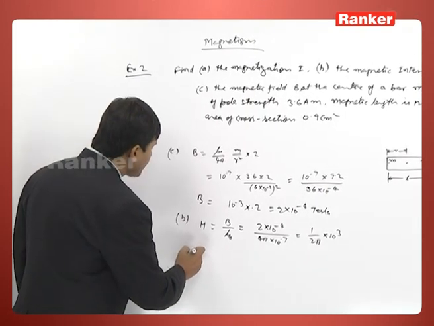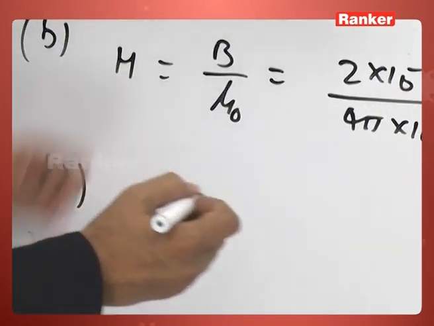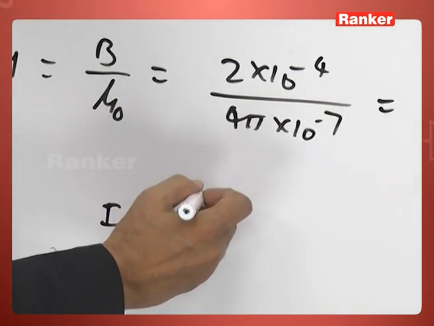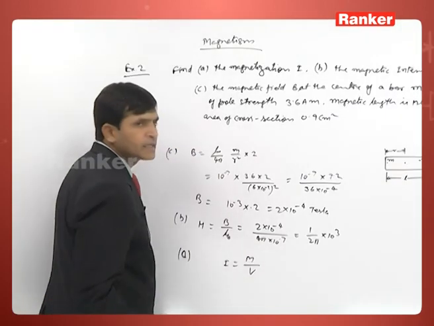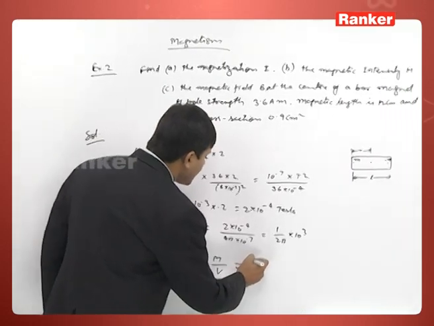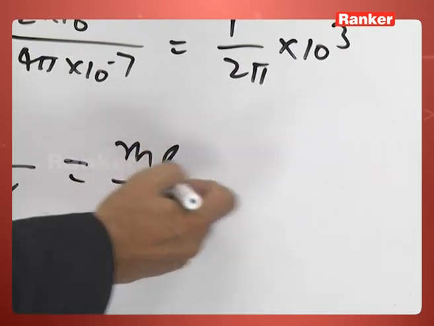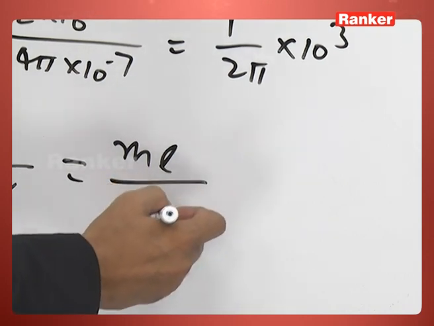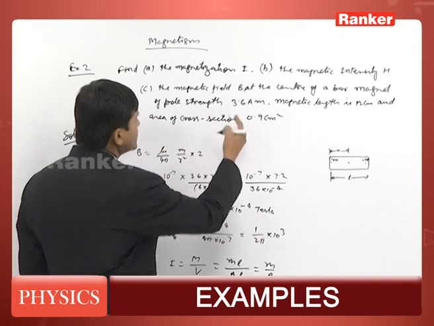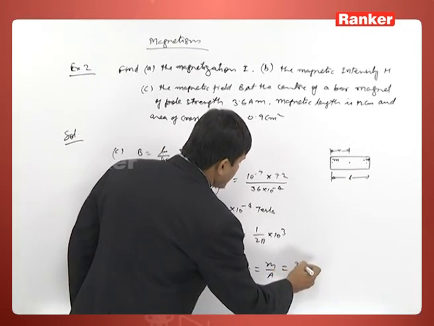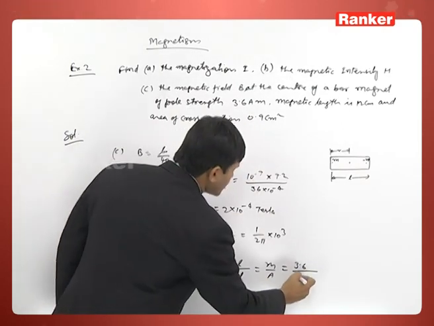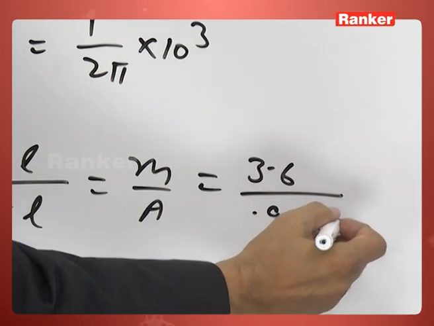Now intensity of magnetization first, I. As we know, intensity of magnetization means magnetic moment per unit volume. The magnetic dipole moment is M into L, and volume is area of cross section into L. So M by A, M is the pole strength which is given 3.6, and area of cross section given here 0.9 centimeter square, 10 power minus 4.